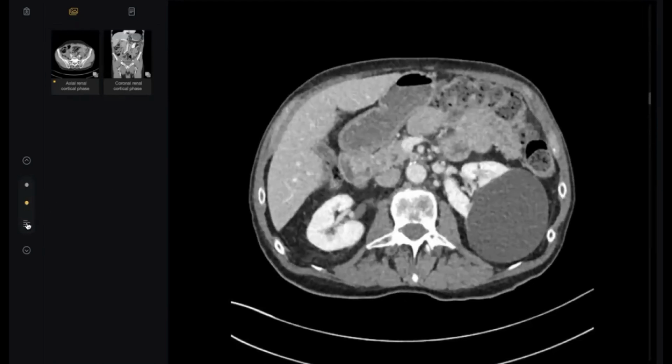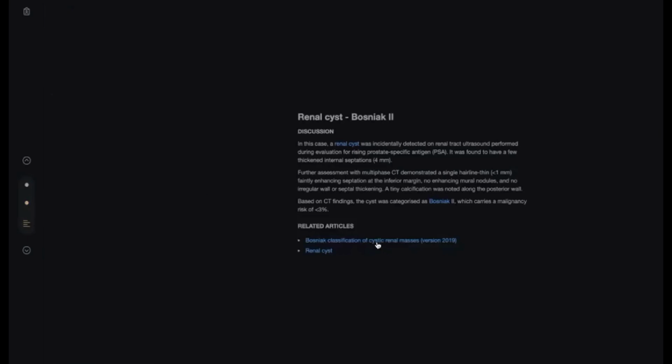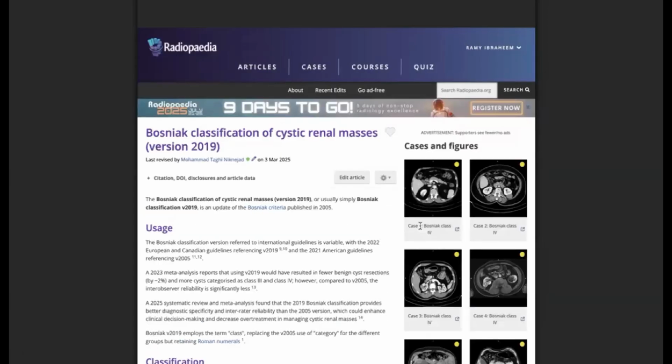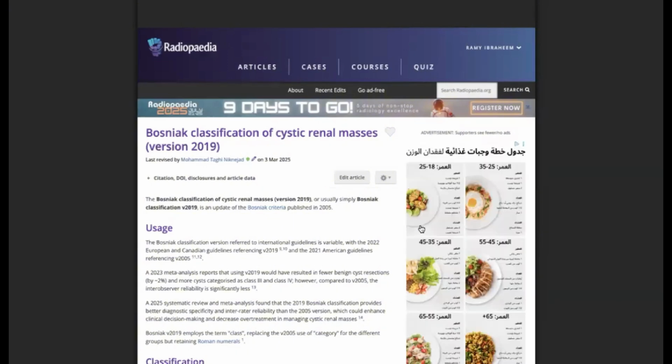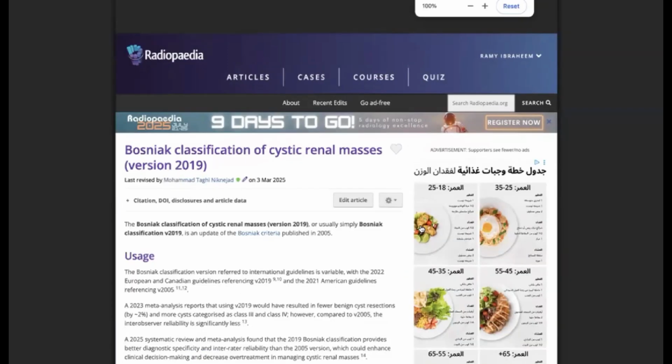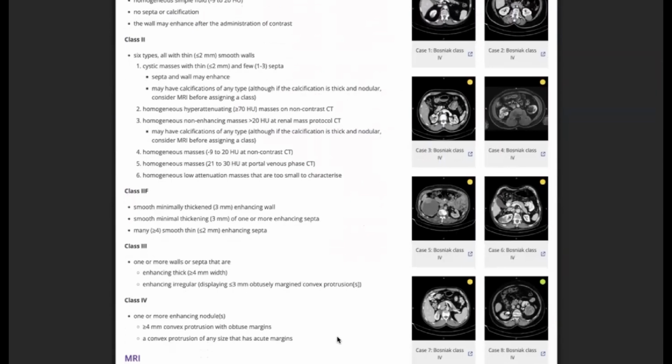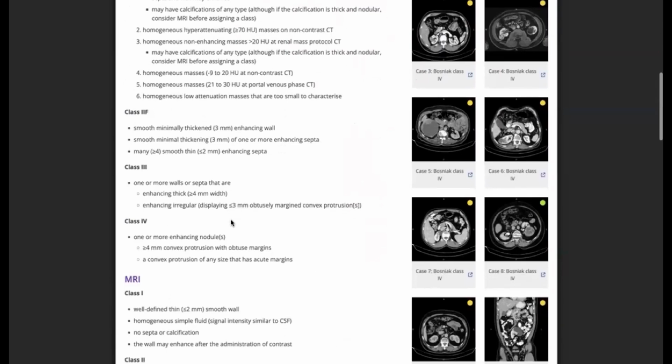My colleague, Bosniak classification is very critical. I was in one very big interview, and they asked me one question, the most important one, about Bosniak classification. I know most of you have read this before many times and have some confusion.